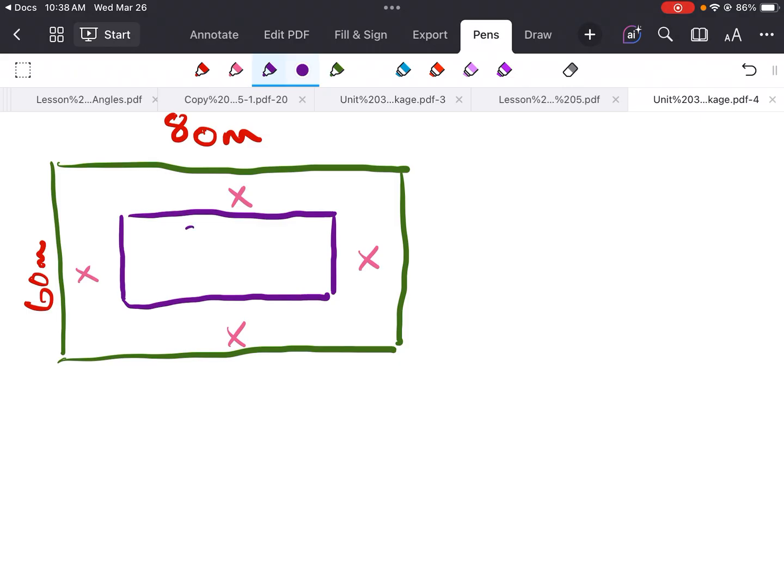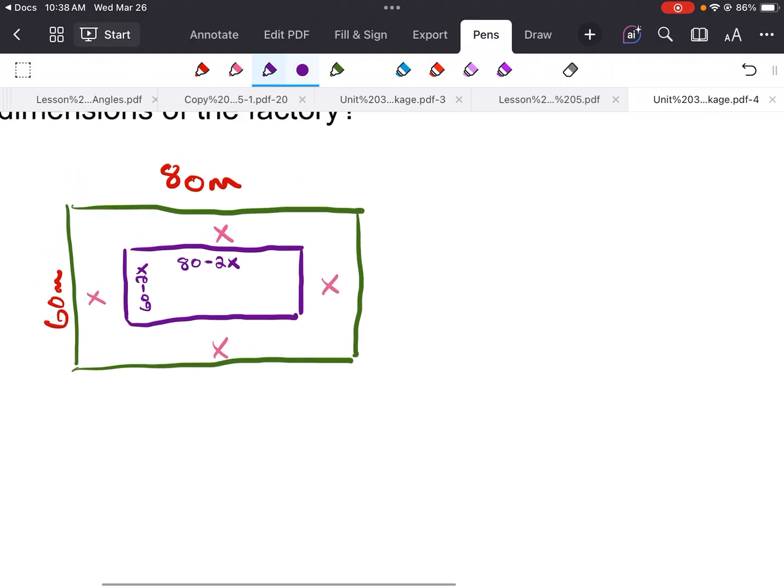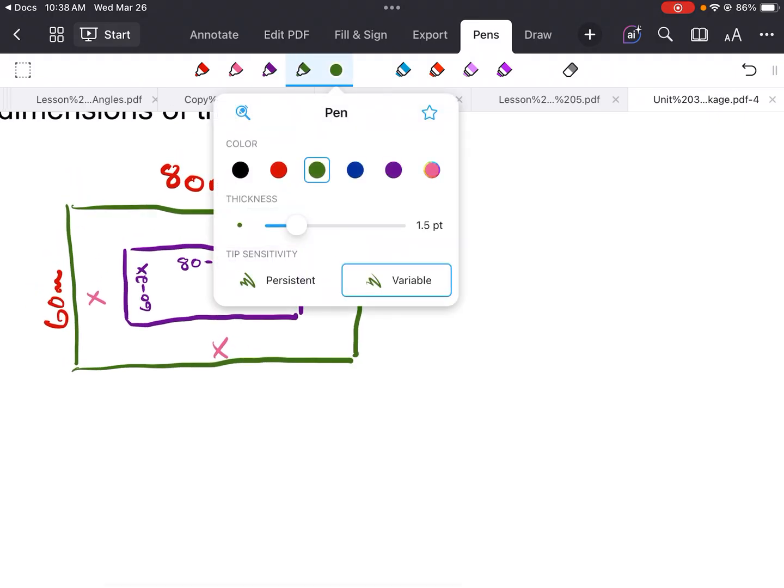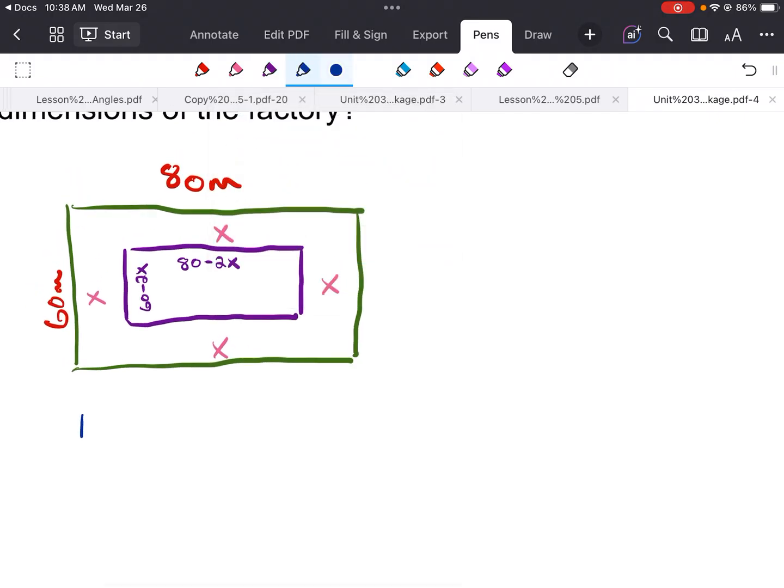So this will be 80 minus 2x. And same with the width: the 60 from the yard, subtract the 2 x's. So 60 minus 2x. Other information that we know here is that the area of the lawn is equal to the area of the factory.